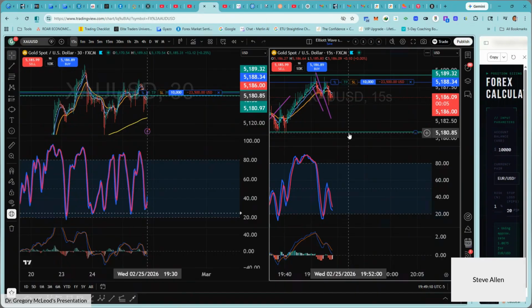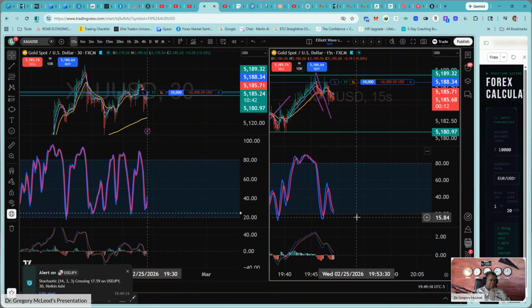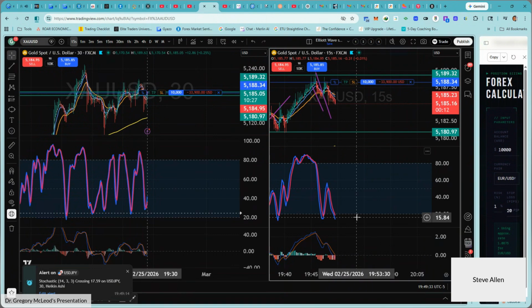Once again, you can see on the stochastic and the MACD how well those crossovers line up. There's very little difference, very little lag. That's why I like that MACD setting of 5, 35 and 5.